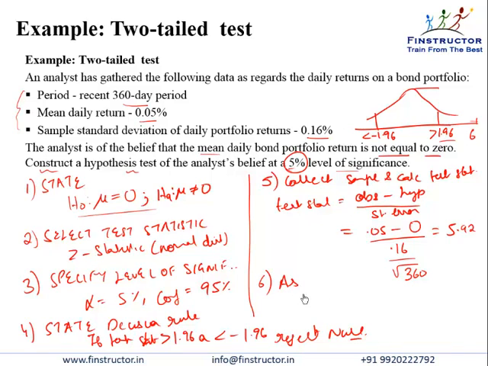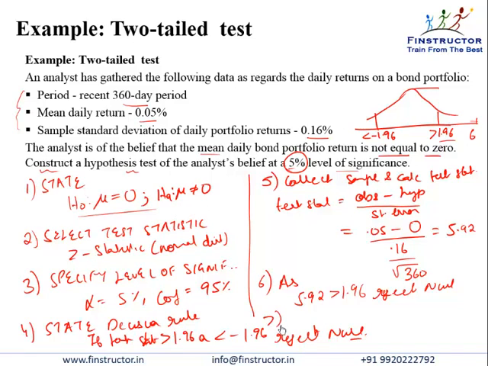As 5.92 is greater than 1.96, we should reject the null. And we conclude that the mean is actually different from 0.